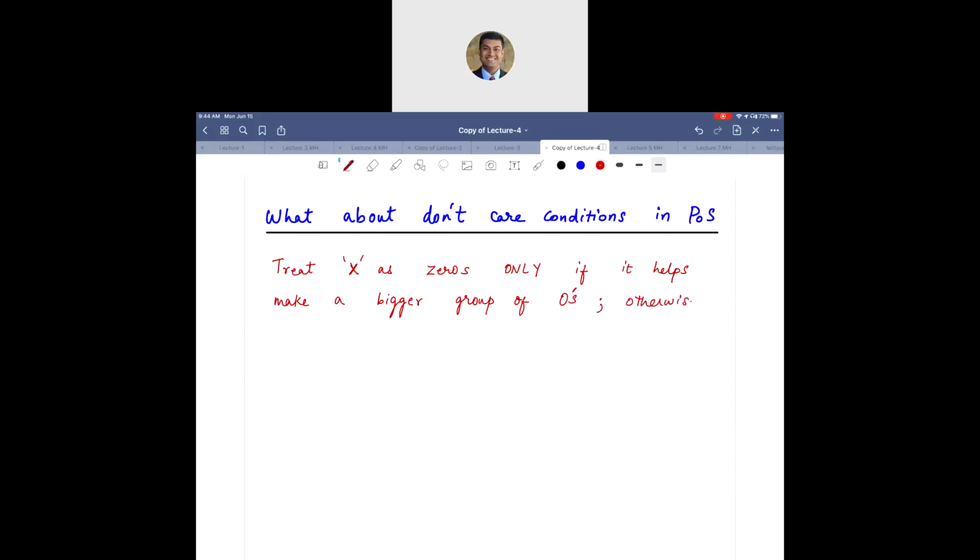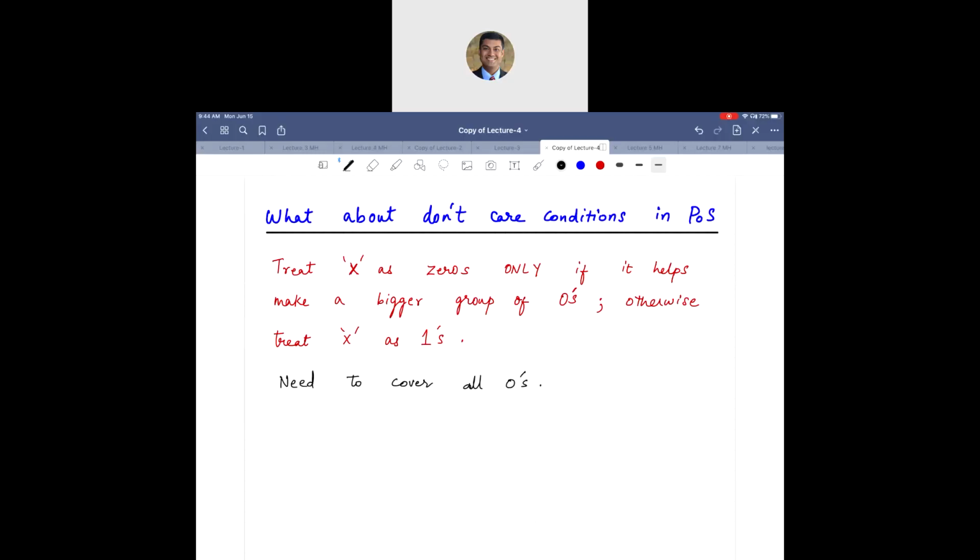Otherwise, treat the don't care as ones. The objective is that you need to cover all zeros in this case. So you group the x only when it helps you make a bigger group. That's it. Otherwise, you leave it out.